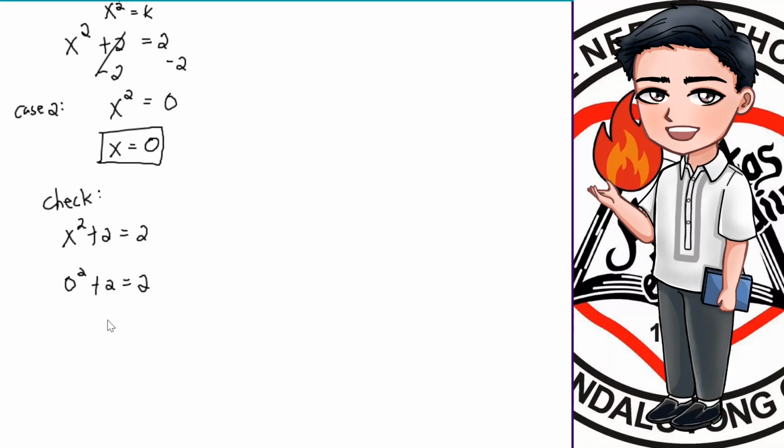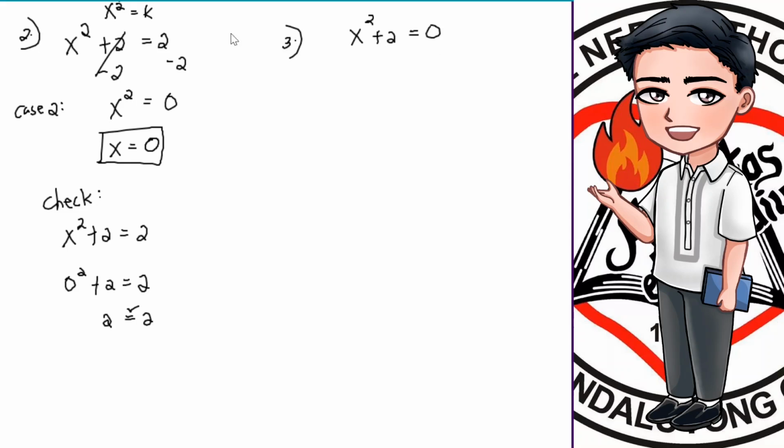So what we will have here is 2 is equal to 2, which is correct. Now let's have our third example. Let's say x squared plus 2 equals 0.